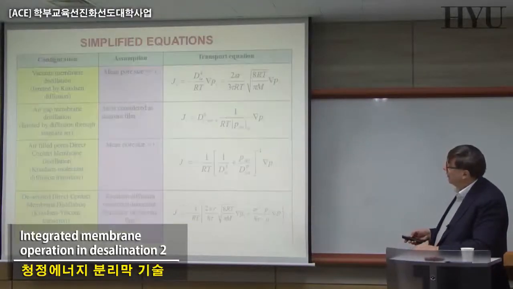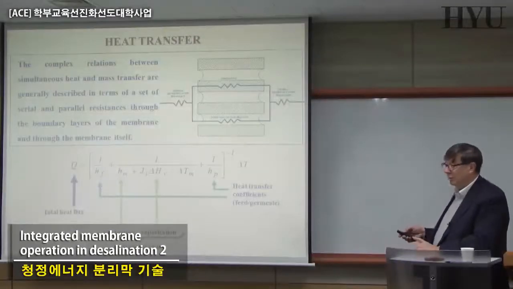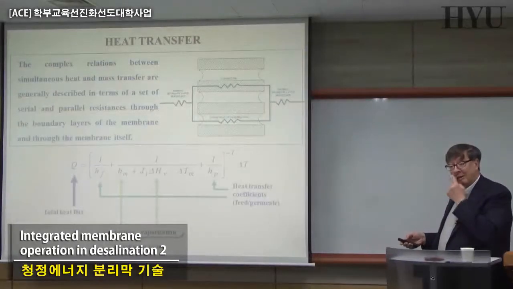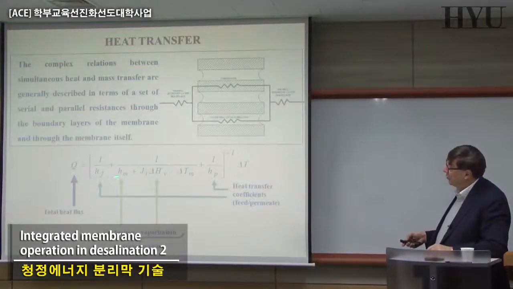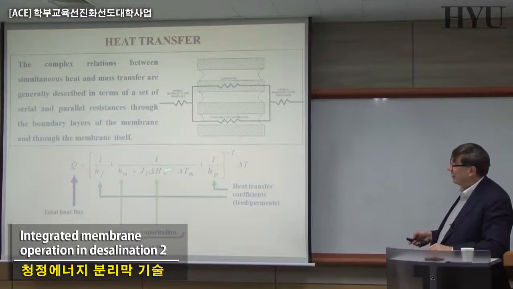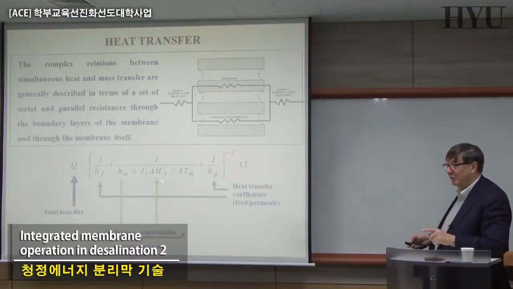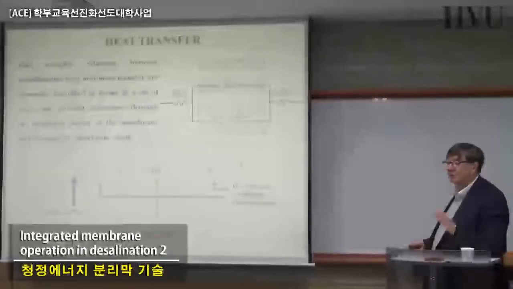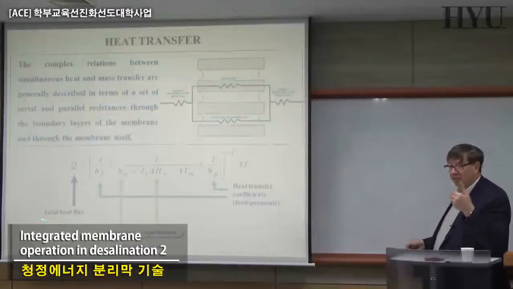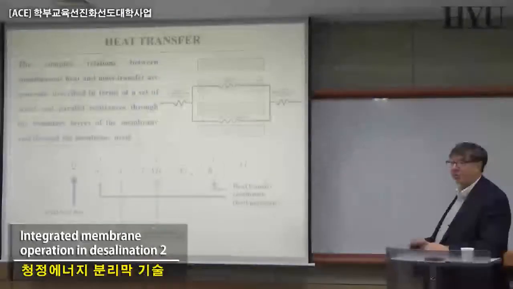The real problem is when you arrive at heat transfer, because if you make the same calculation that we have been doing for mass transfer, here the situation is a little more complicated because you have one additional term. For the heat transfer across the membrane, you have the heat transfer coefficient on the feed side and on the permeate side, but when you go into the membrane itself, you will have one term that is just conduction, warming up of the polymer, and one term which is vaporization.